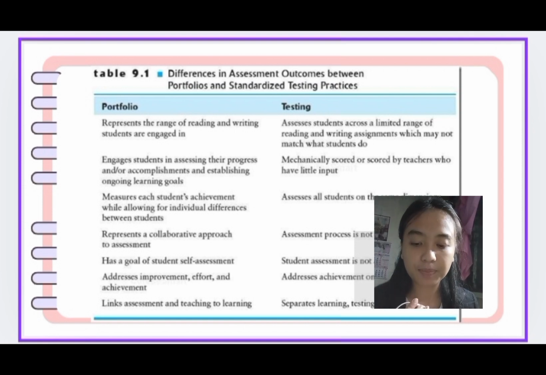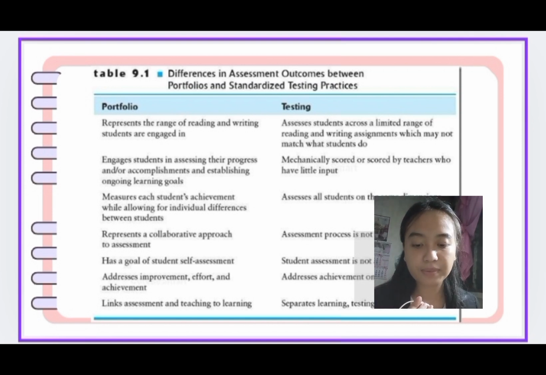Next, a portfolio has a goal of student self-assessment, while in testing, student self-assessment is not a goal. So this means that in a portfolio, the focus is on helping students learn how to assess themselves, improving not only their knowledge but their learning habits. While testing focuses only on their final achievements or the score, and it does not consider the efforts and improvement that the students made.